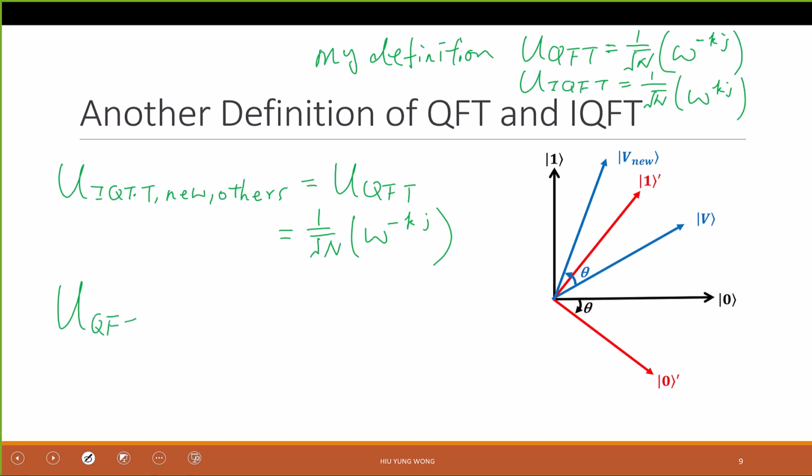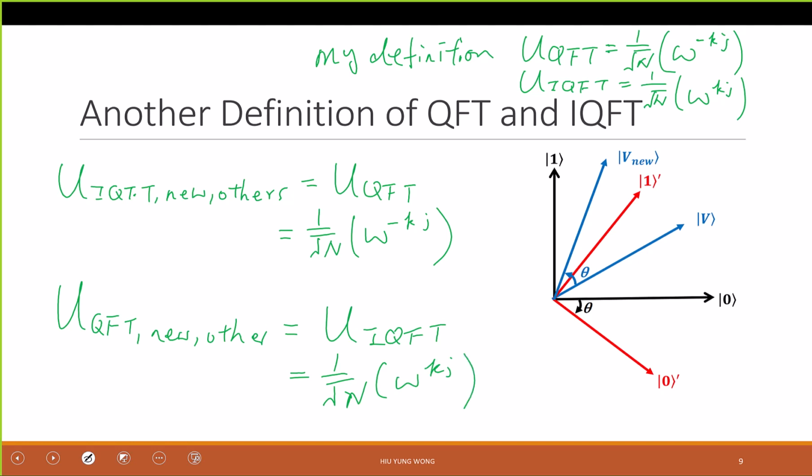The quantum Fourier transform, you can call it nu or others, whatever, is equal to my inverse quantum Fourier transform, which is 1 over square root n omega kj. Again, I say mine, but it's not mine. Many people use what I'm doing, because I learned from those sources also. I didn't invent that.